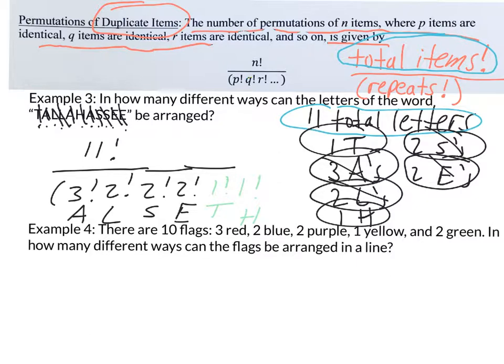And if you multiply a bunch of numbers by 1, you're going to get the same number back again. So really, it's just more work that you don't need. So that's why I only focus on what you have 2 or more of, what actually repeats. And that's what I would recommend throwing in the bottom, the denominator here. So now we're ready to go. We just got to punch it into the graphing calculator.